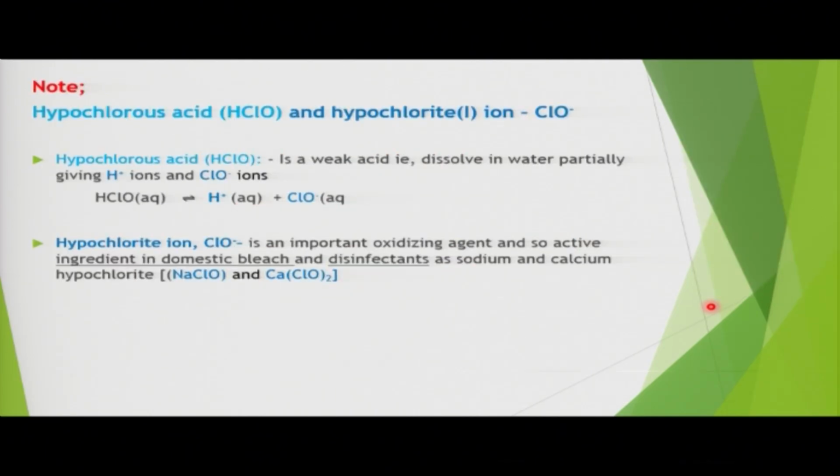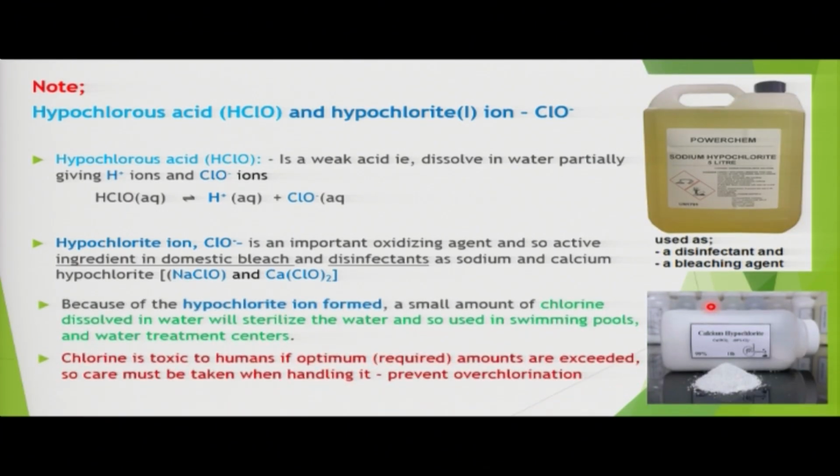So let's look at the hypochlorous acid and the hypochlorite. What you need to know is when you react these halogens in water, they form a simple hydrogen halide and sometimes hypohalous acid, which when it ionizes, gives what we call the hypohalite ion.